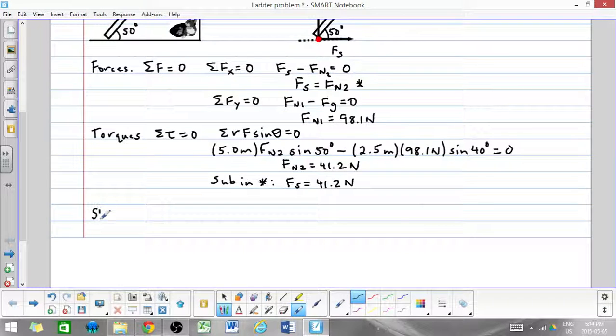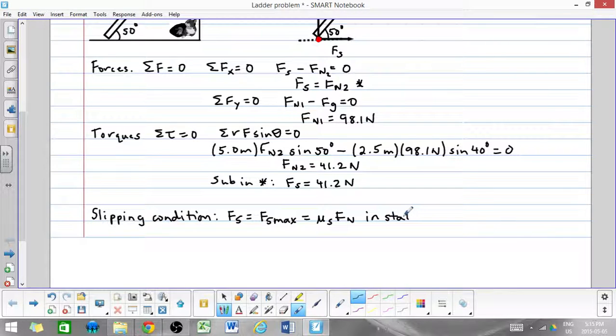So if you're ever solving a problem with slipping, the force of static friction is equal to the maximum value it can have, which is equal to mu s times the normal force, in this case the normal force with the floor, and you are in static equilibrium.